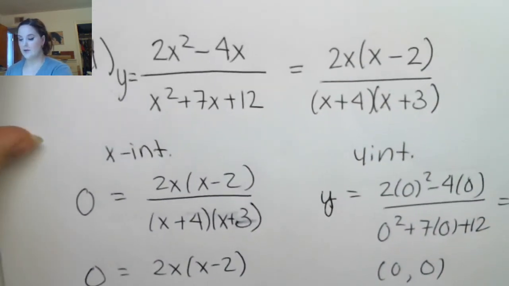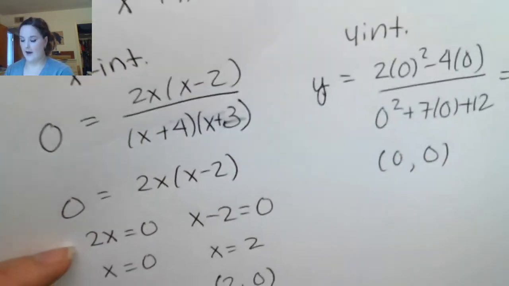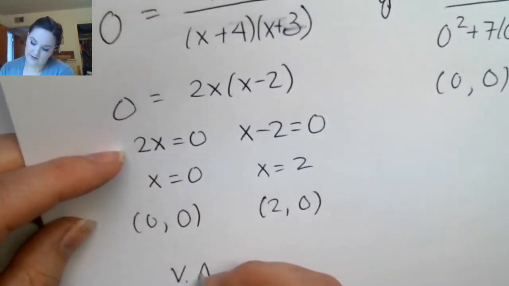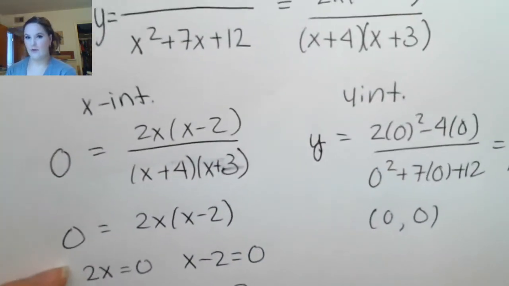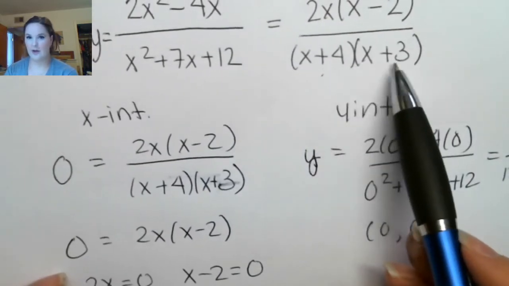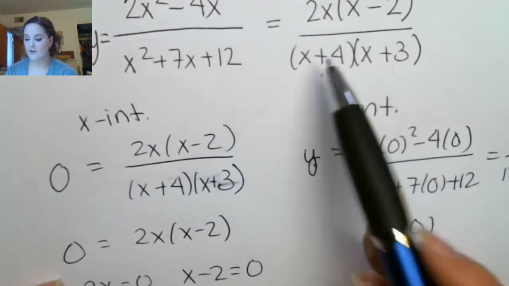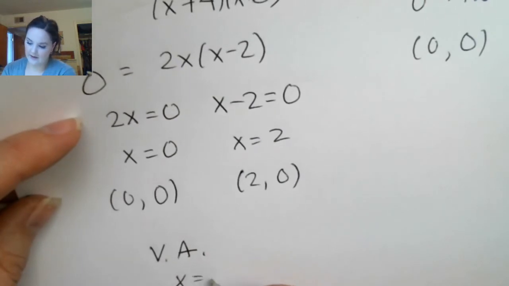Now that I have those, I'm going to look at my vertical asymptote. This is coming from the roots of this denominator, so this is another reason to factor. So I would have mine at -4 and -3.